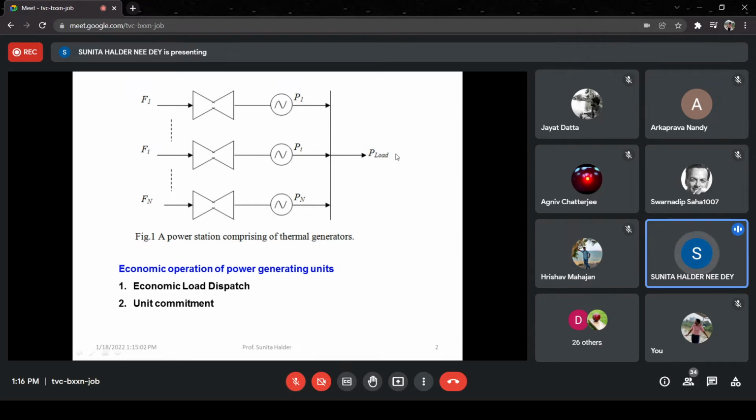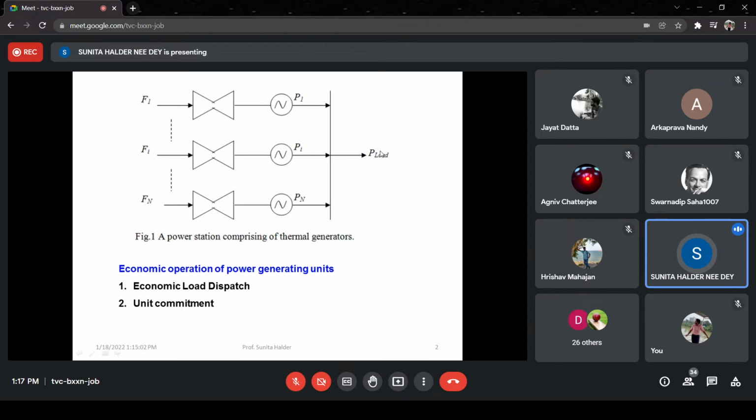So what will be the criteria for which the fuel cost will be minimum and all the generators together share the load? The summation of all the generator outputs will be equal to the load, but at the same time the economic criteria should be fulfilled. That means the overall cost of operation of the plant will be minimum.